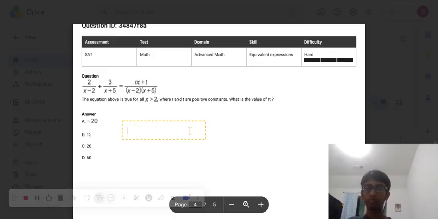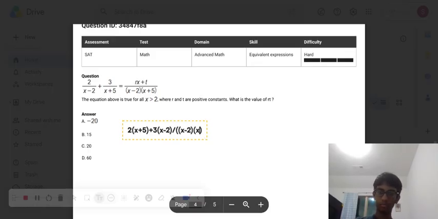What we're going to do now is find a common denominator for our right-hand side. So how are we going to do that? We need a common denominator of x minus 2 times x plus 5. We already have these terms, so we're just going to do 2 times x plus 5 plus 3 times x minus 2, all over x minus 2 times x plus 5.